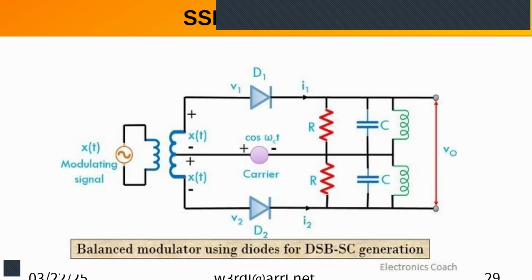Okay. Well, this is kind of a typical circuit for a balanced modulator. A double balanced modulator uses 4 diodes, a little more complicated circuit, but it works a little bit better. But in either case, you're eliminating the carrier. So you get double sideband with suppressed carrier.